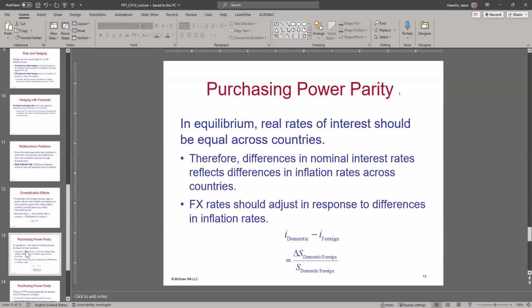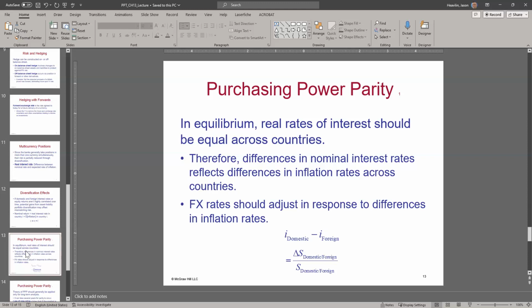Purchasing power parity. Okay, in equilibrium, this is important. In equilibrium, real rates of interest should be equal across countries. Not just the real rates of interest, but also the price of anything you buy, in the sense that you may convert to a different currency, but the price should be the same. I'll explain this a little more in a second.